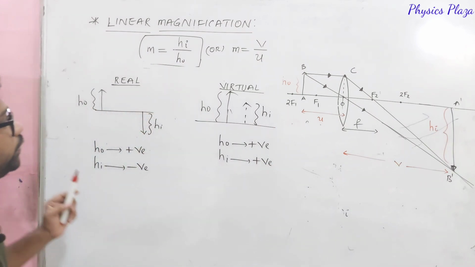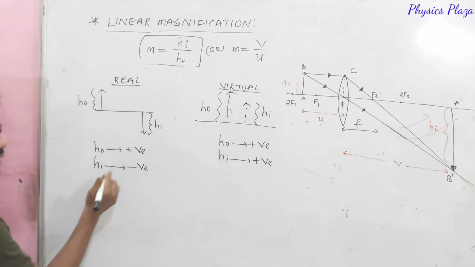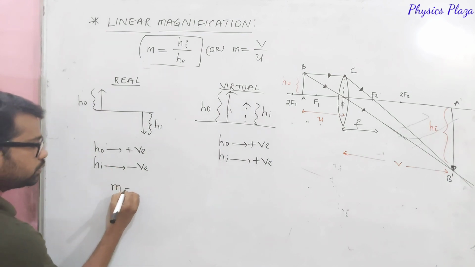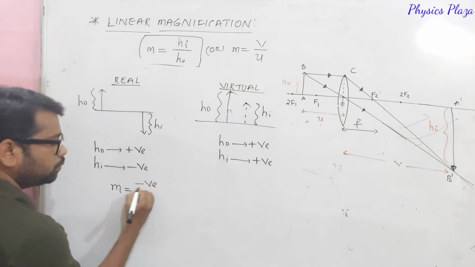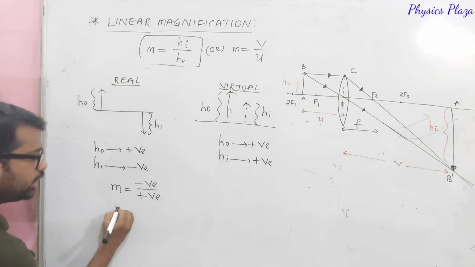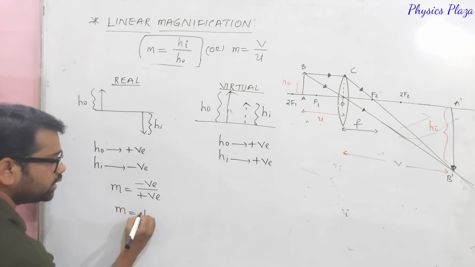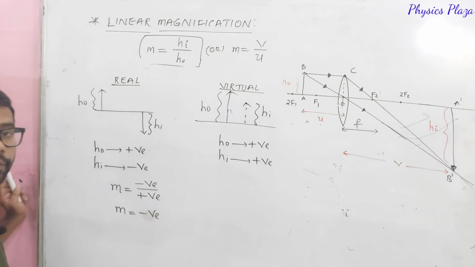Now look here, we know that linear magnification is equal to Hi by H naught. In the real image case, M is equal to negative by positive, which means we get a negative value only.